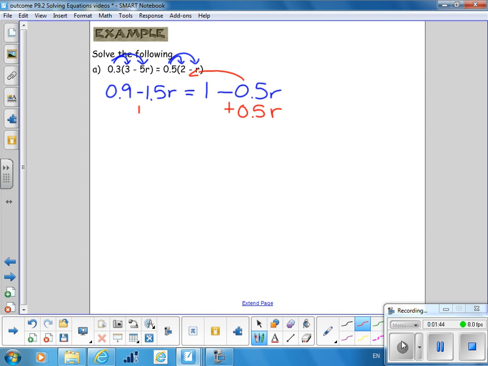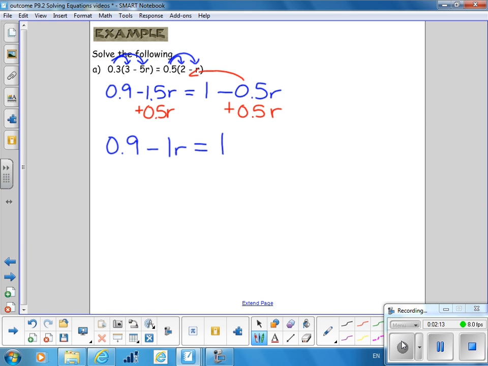And what we do to one side, we must do to the other. So what we will have now is 0.9 minus 1r, negative 1.5 plus 0.5 is negative 1, equals 1. And then negative 0.5r plus 0.5r is just 0. So now our goal is to get that r by itself.